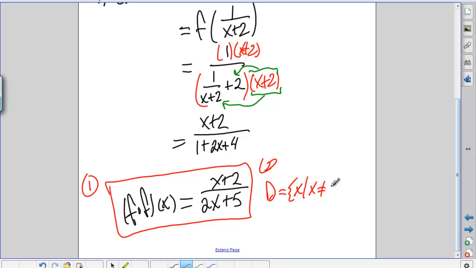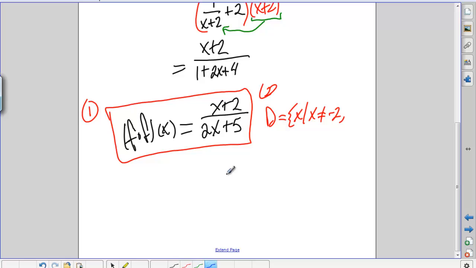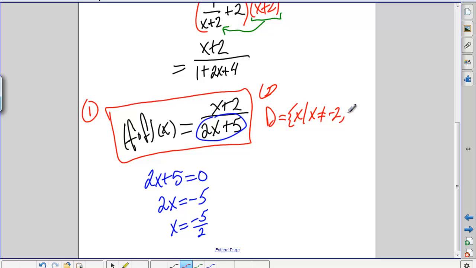So we have that restriction. The other restriction comes from this guy right here. So what would cause that to be 0? So we set up that equation. If we solve that, we get negative 5 halves. So that's the other value that does not work in the composite function.